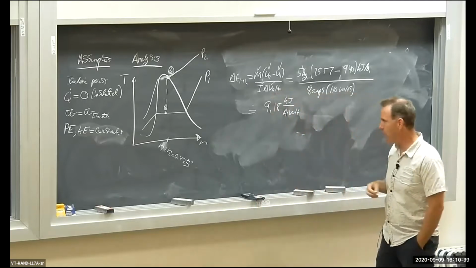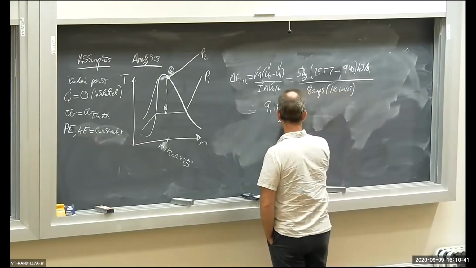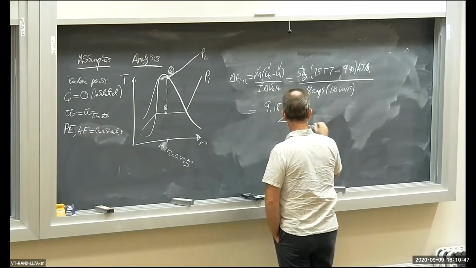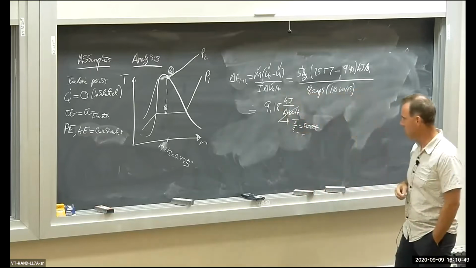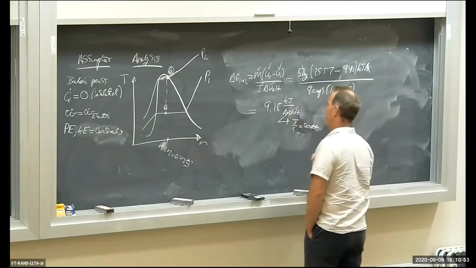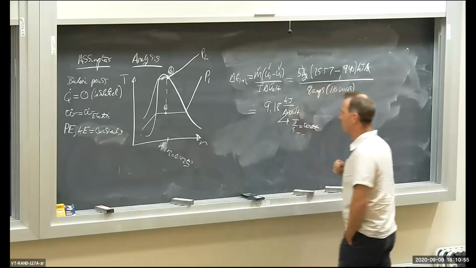The amp times a volt, as I said, has units of joule per second, or a watt. I need to convert that into kilojoules so that it will cancel out properly with the numerator.